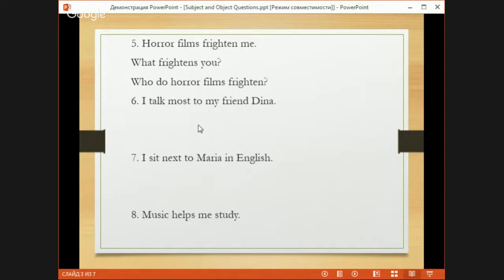I talk most to my friend Dina or Dinah. I is the subject of the question. Close it and we create: who talks most to Dinah? Dina, I don't know. If we want to create the object question, to my friend we need to ask.